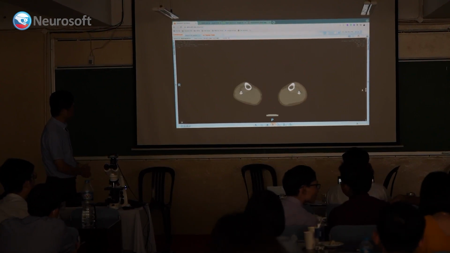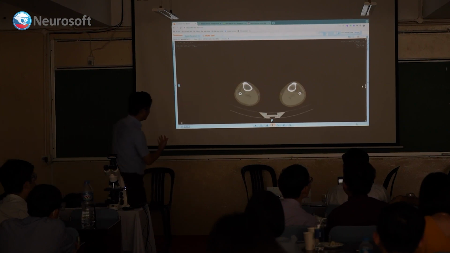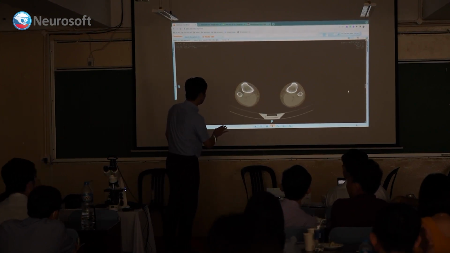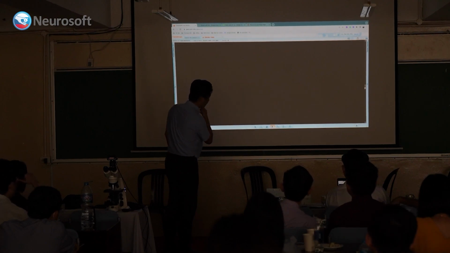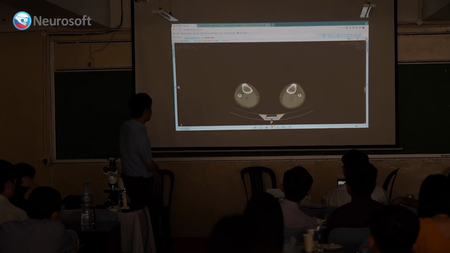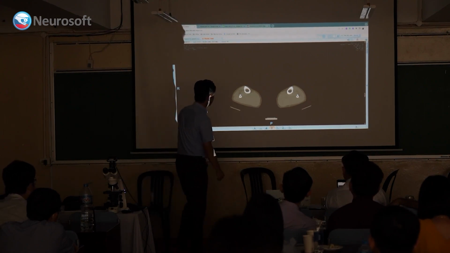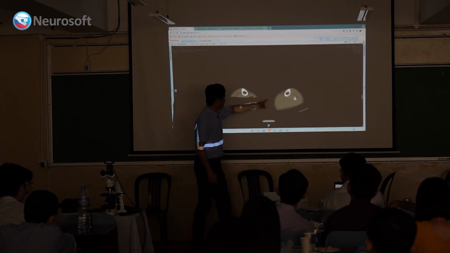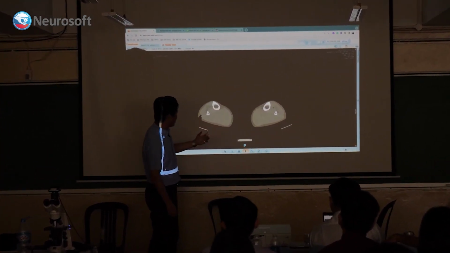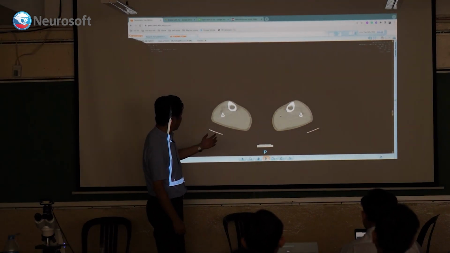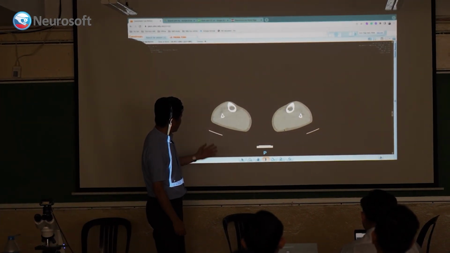Can you go up a little bit? Yeah, stop. Go down a little bit. This is not really tibialis anterior, right? This is tibialis anterior, but can you go up a little bit? Can you go up?